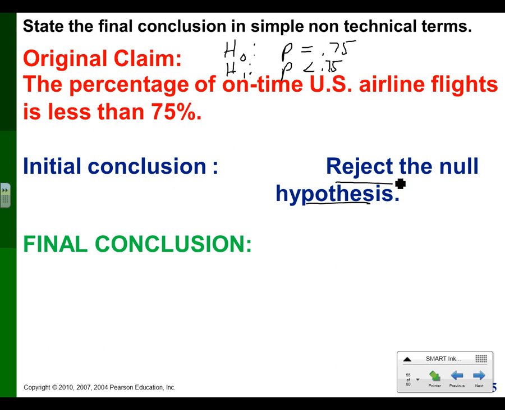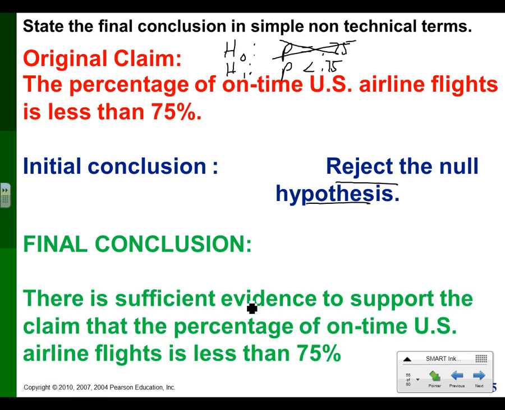So watch very carefully. You are rejecting the null hypothesis. Okay? Makes sense? So, watch the wording of this. There is sufficient evidence to support the claim that the percentage of on-time U.S. airline flights is less than 75%. Take a look at the word and take a look at what your test has done.